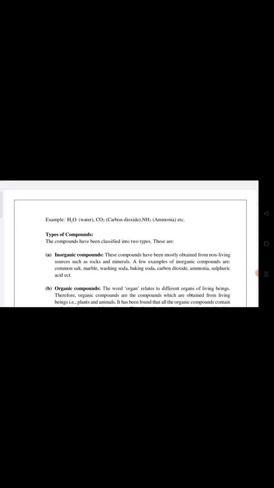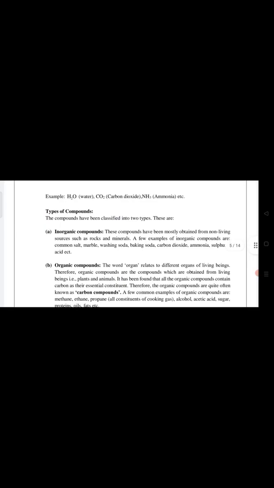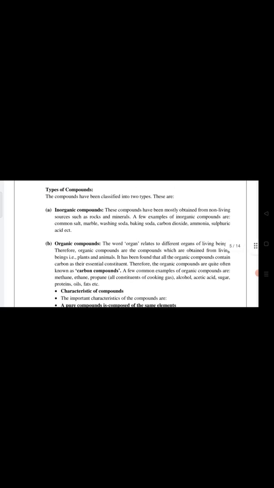Now types of compounds, one is inorganic compounds, another is organic compounds. Inorganic compounds are those obtained mostly from non-living sources such as rocks and minerals. A few examples of inorganic compounds are common salt, marble, washing soda, baking soda, carbon dioxide, ammonia, sulfuric acid. They all are inorganic compounds. But for organic compounds, the word organ relates to the different organs of living beings.